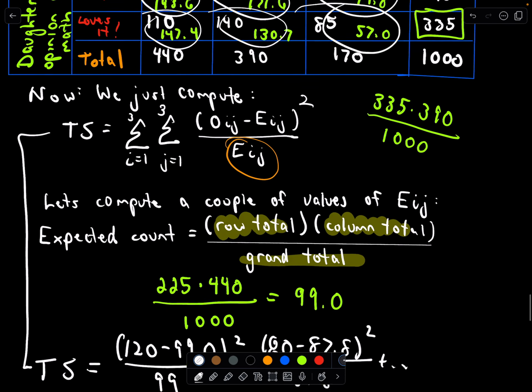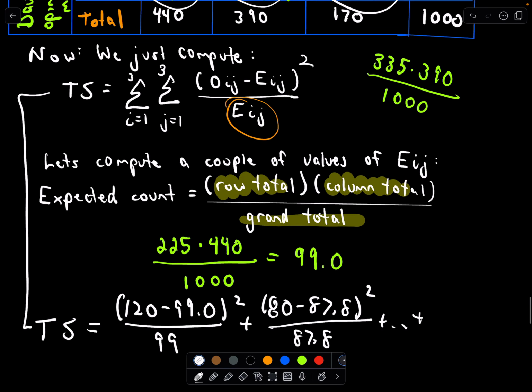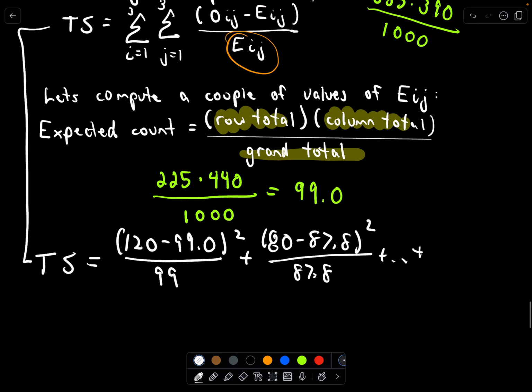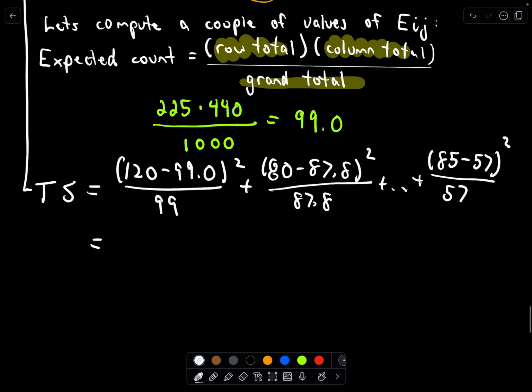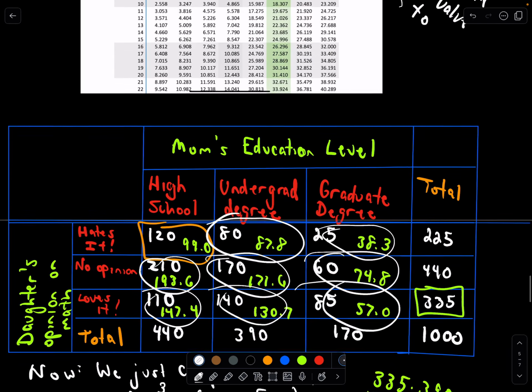Eventually I would get down to that last one, which would be 85 minus 57, squared, over 57. After doing all of that arithmetic, I got this to be equal to 38.004. That's good enough. Okay, so that's my test statistic.